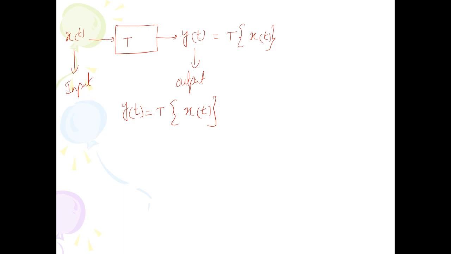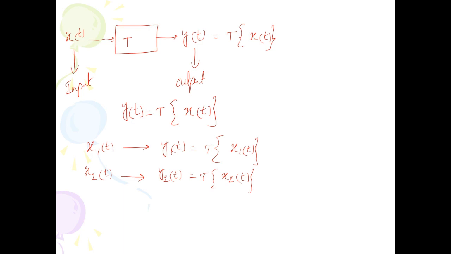Now, whenever you apply input x1 of t as input to system, you will get the corresponding output is y1 of t, which is nothing but the transformation of x1 of t. Now, whenever you apply another input x2 of t as another input, the corresponding output is y2 of t, which is nothing but the transformation of x2 of t.